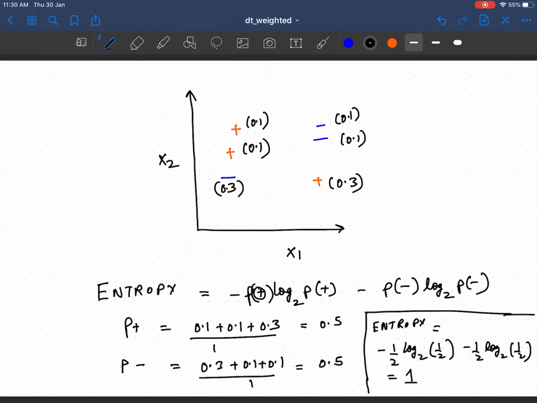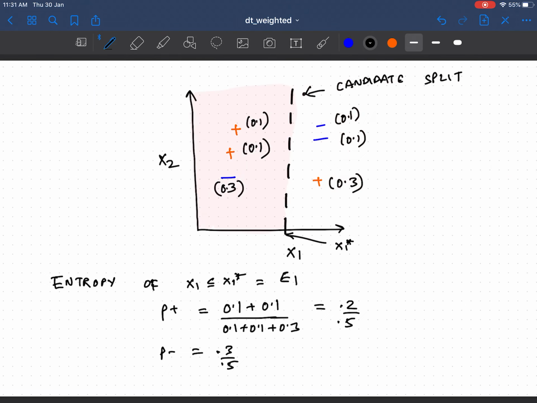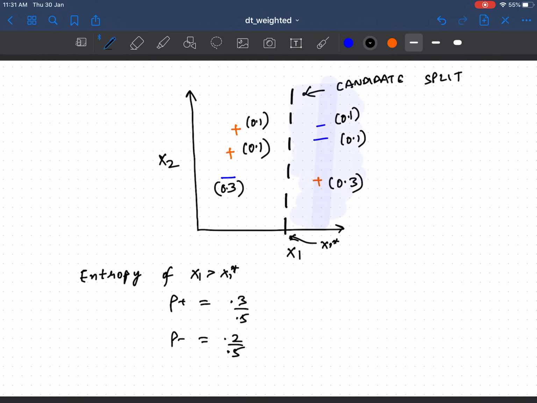Let's go back and say the entropy of the entire set is E, or let's call it the entropy over the set of samples S, and let's call this quantity the entropy of the samples where x1 is less than or equal to x1 star, and this quantity the entropy of the set of samples S where x1 is greater than x1 star.